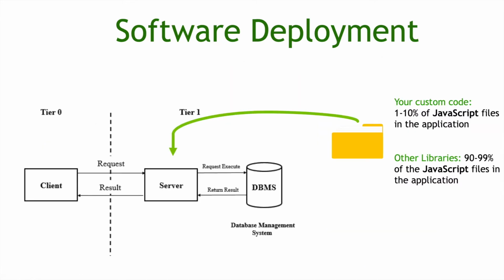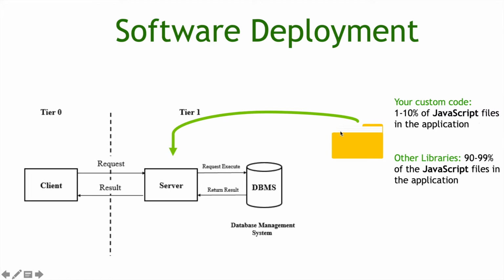So here's the same idea represented again. If this is a traditional structure for a web application, you have a web browser out here, you have a server where you've installed Node, and you're going to be deploying your applications there, and that's going to be a folder full of JavaScript files, HTML files, CSS files.